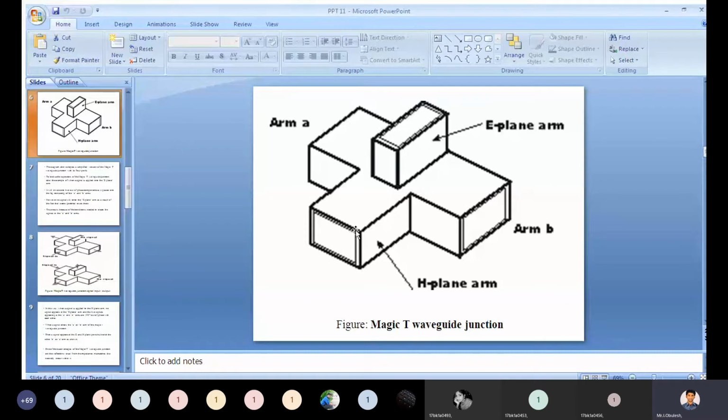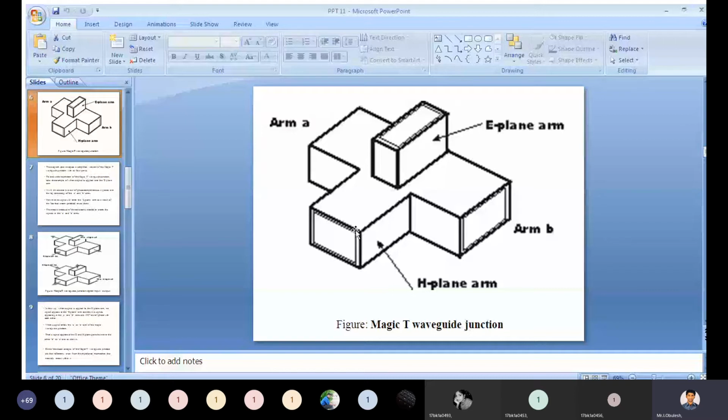Normally, for removing energy from the waveguides, what you used in the previous topics, you need to remember: you need to use posts or screws.